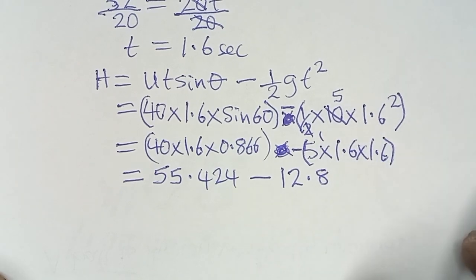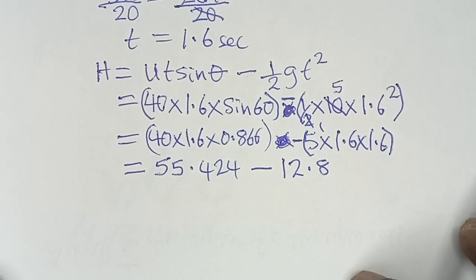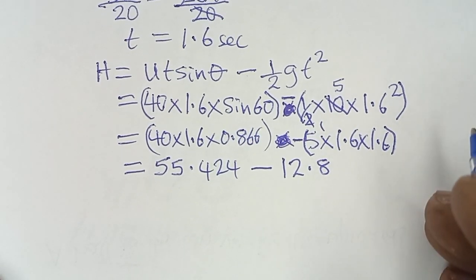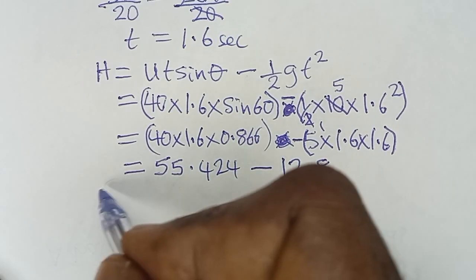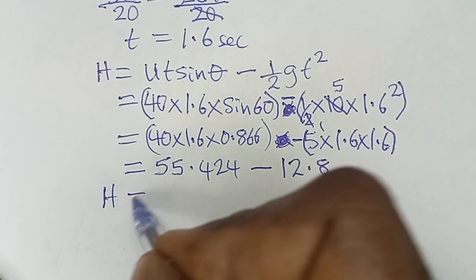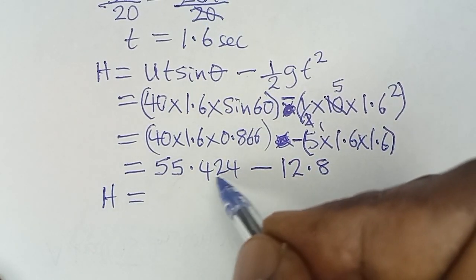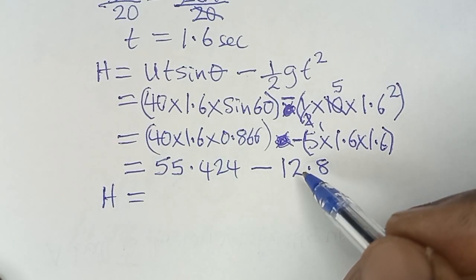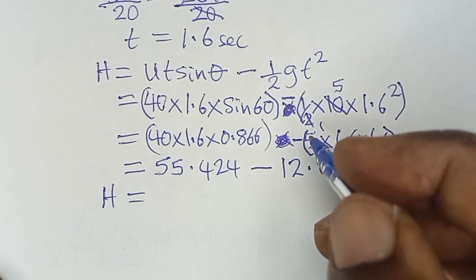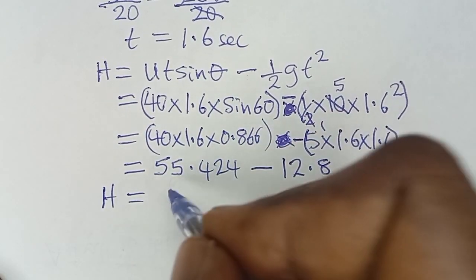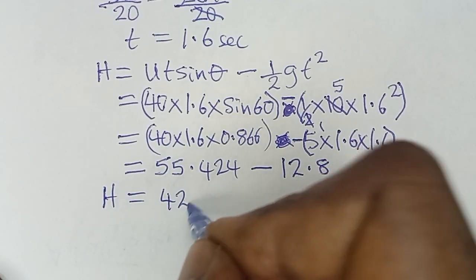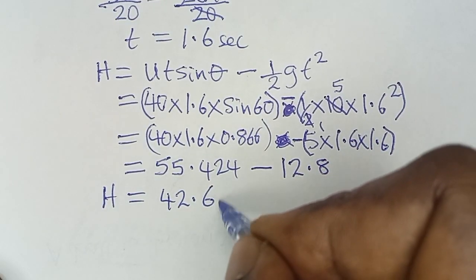So finally, if I subtract the two values, I'm going to have h, the height, as 55.424 minus 12.8, which gives us approximately 42.6 meters.